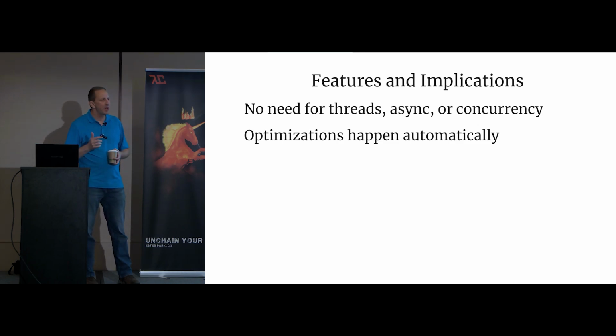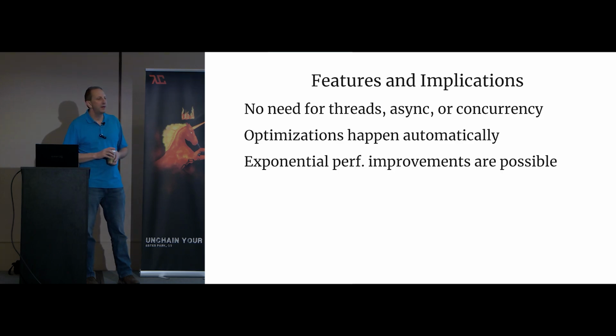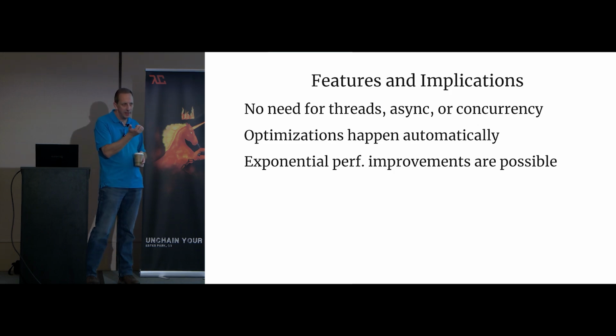So optimizations happen automatically. There's no optimization pass. There's no minus O3 to get it optimized. When I told you about lambdas sharing bodies, this is what hooked me on this.